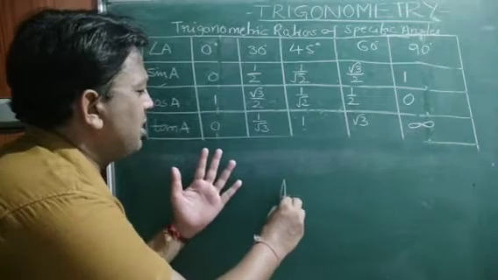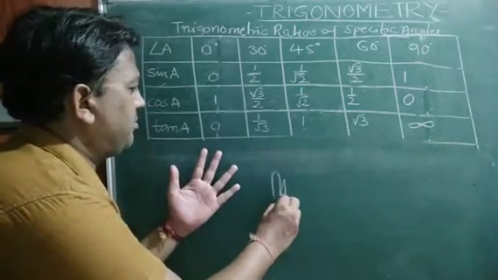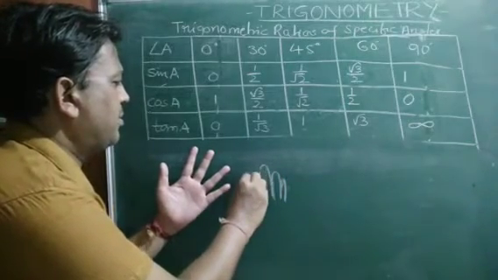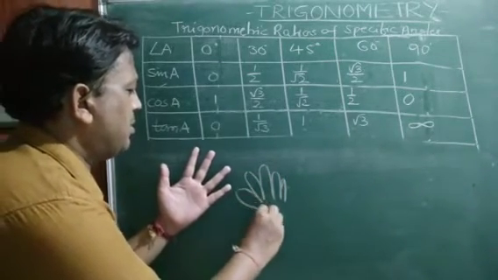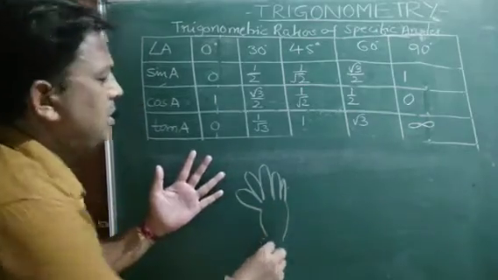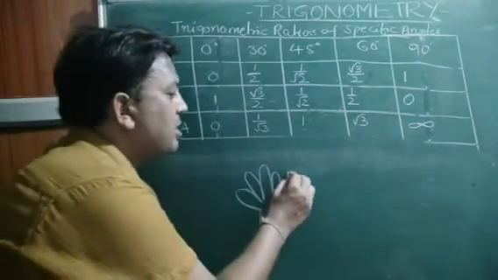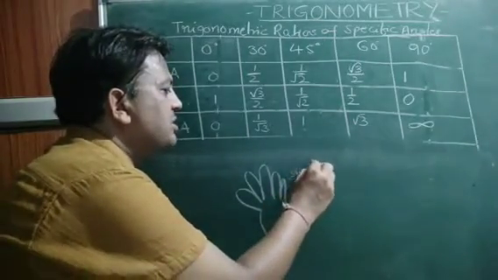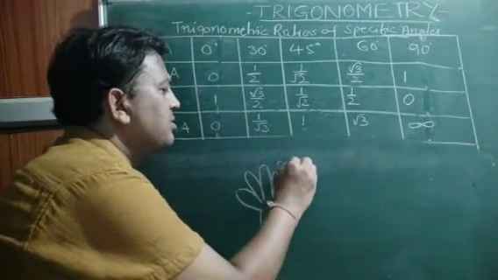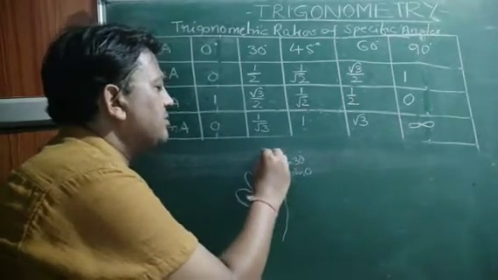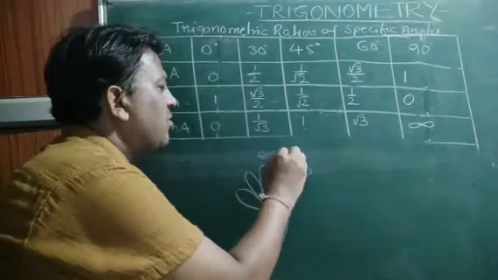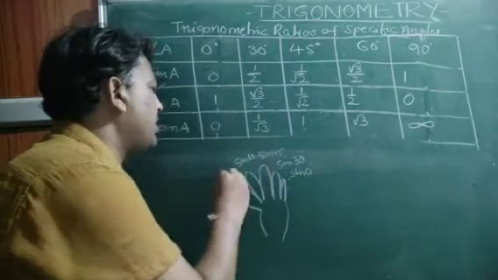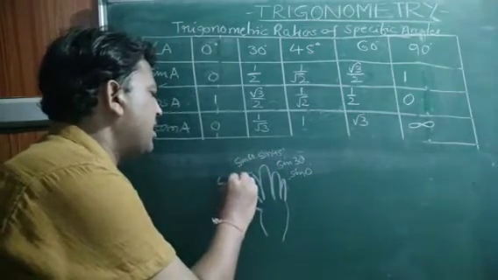Suppose these are fingers, children. It is for sine 0 degree, sine 30 degree, sine 45 degree, sine 60 degree and sine 90 degree.